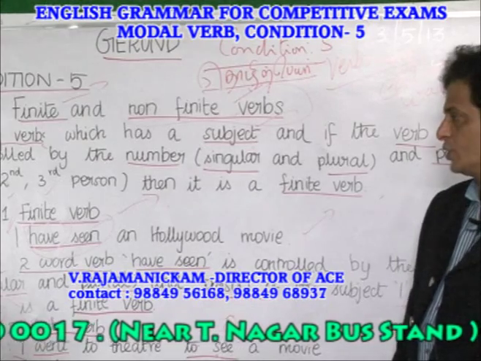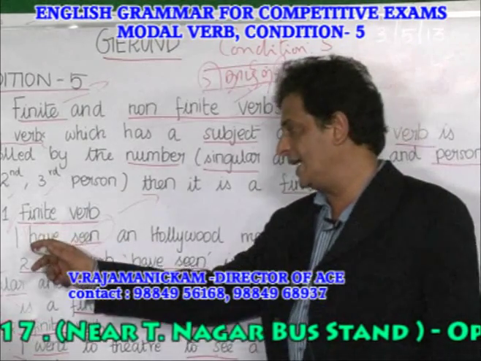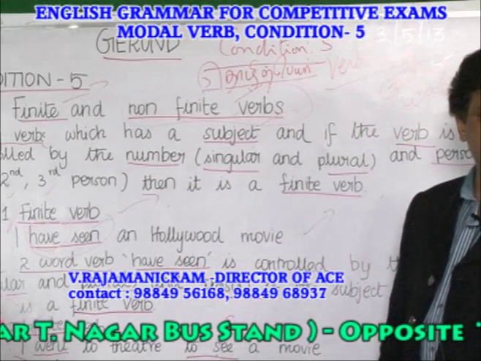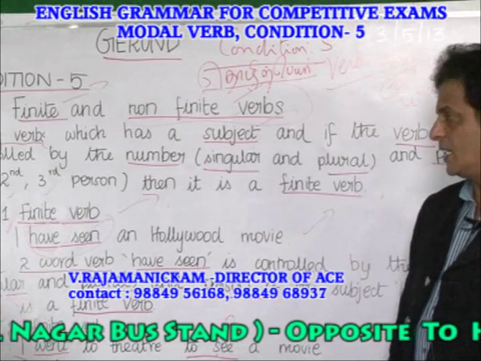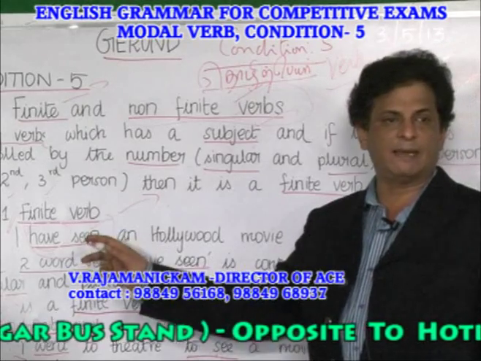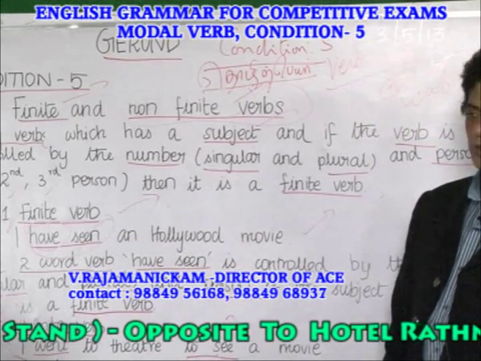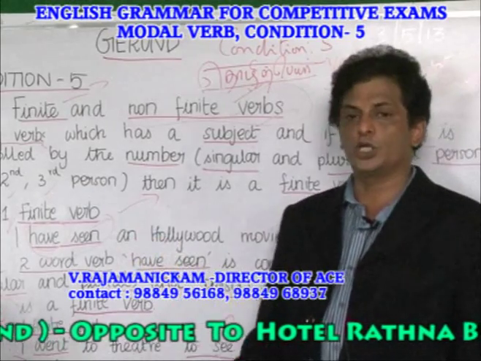ஃபைனைட் வெர்ப் என்று சொல்வாய். உதாரணத்துக்கு பாருங்க, I have seen a Hollywood movie என்கிறோம். இதில் I என்பது என்ன? சப்ஜெக்ட், நான். Have seen என்றால் என்ன? பார்த்திருக்கிறேன். And Hollywood movie என்றால் என்ன? ஒரு ஹாலிவுட் படத்தை. அப்போ இதில் எது வினைச்சொல்லு?